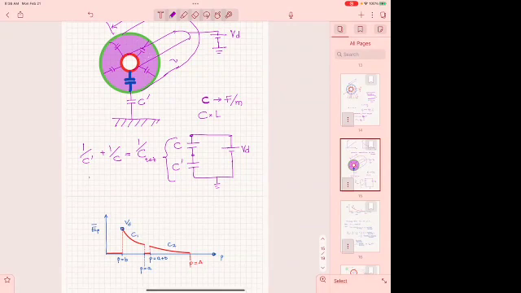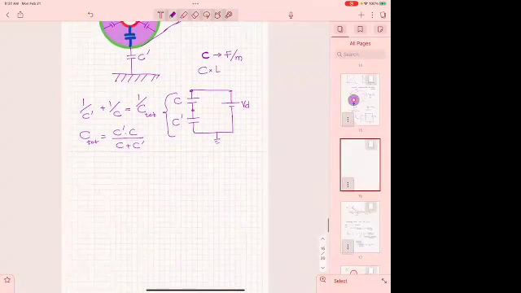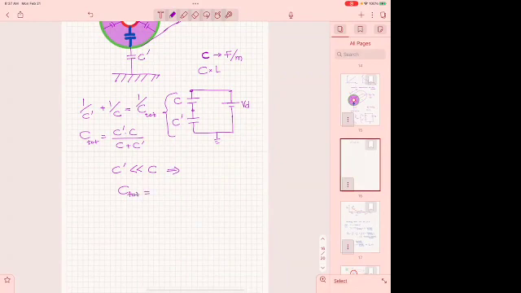In fact, you can see it here. C total will be C prime times C over C plus C prime. C prime is very small, so I can even take it one step further and say, since C prime is much smaller than C because it's parasitic, then my C total becomes C prime times C divided by C, and becomes C prime.